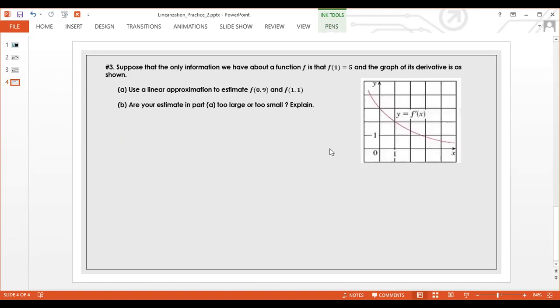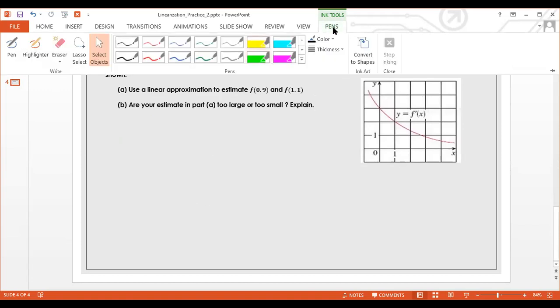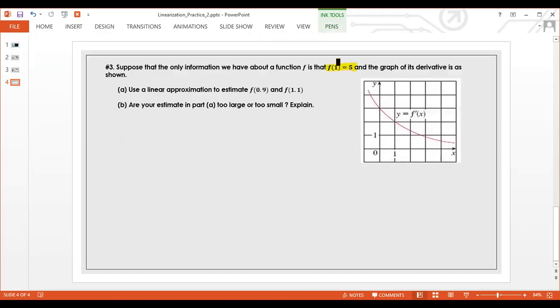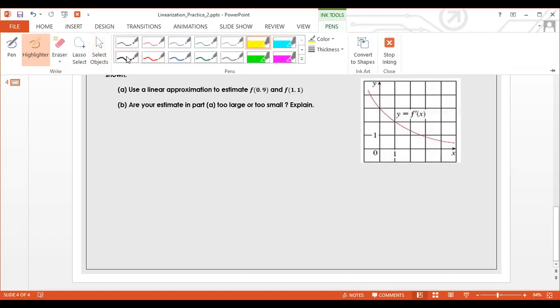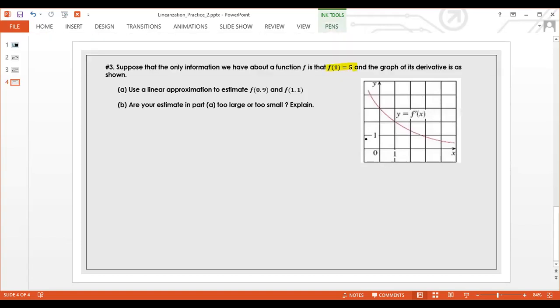Okay, now here, this is an interesting problem. So let's say, suppose the only information we have for a function is, wow, that's not very generous. So let's say the only information we have for a function is f(1) equal to 5 and this is the derivative, okay? Be careful, this is a derivative, it's not an f of x function here.